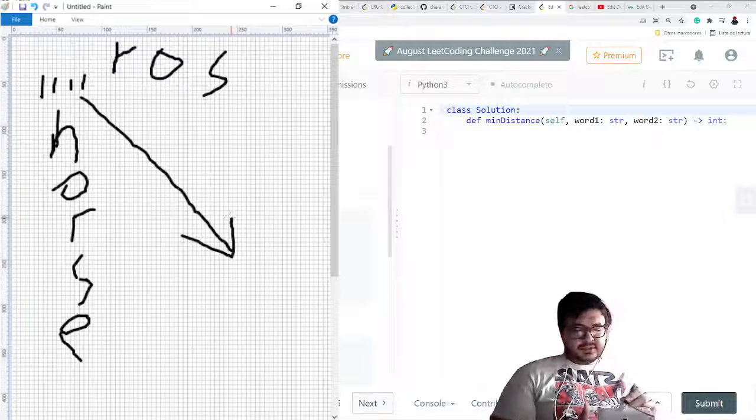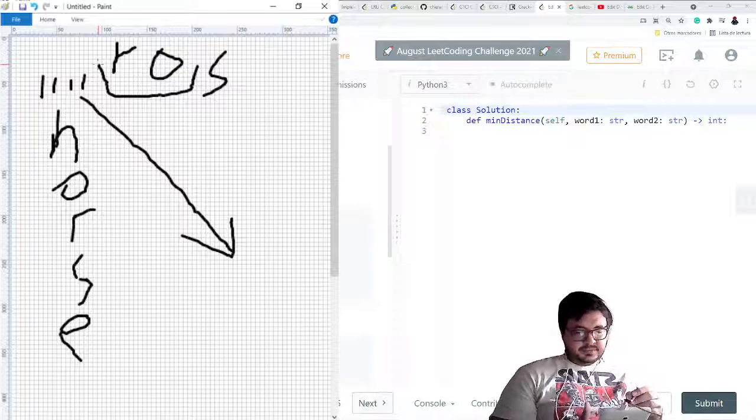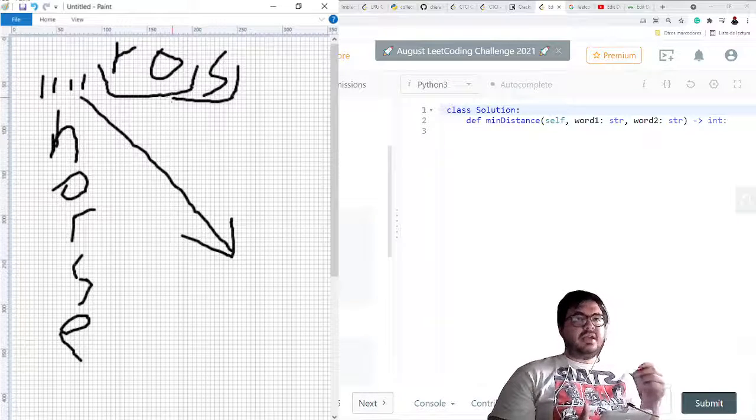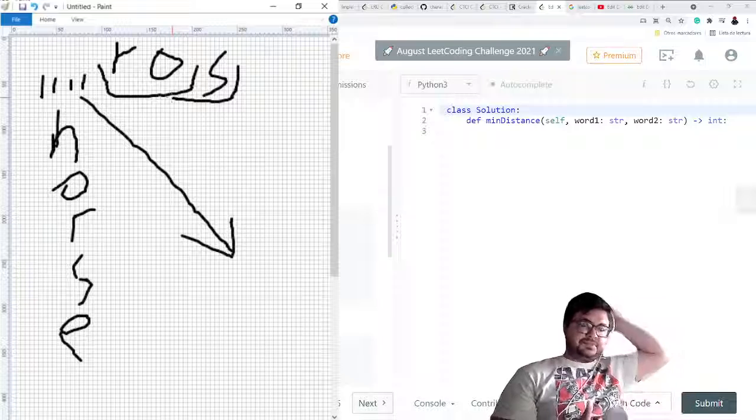Seeing how to get to RO is optimum when you see how to get to ROS.